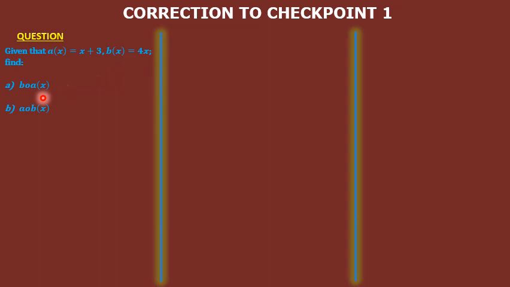So we are now asked to look for b of a of x. I want to believe you can still remember this notation. This O here, we read it as of. So this is b of a of x.